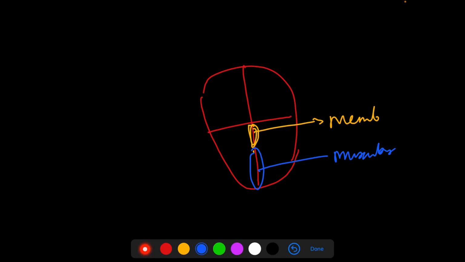If you are seeing a defect in the muscular septum, it is muscular VSD, and if you are seeing a defect in the membranous septum, it is perimembranous VSD. And the ASD, if it is lying close to the crux, the plus here is the crux, then it is primum, and if it is in the middle, then it is secundum.